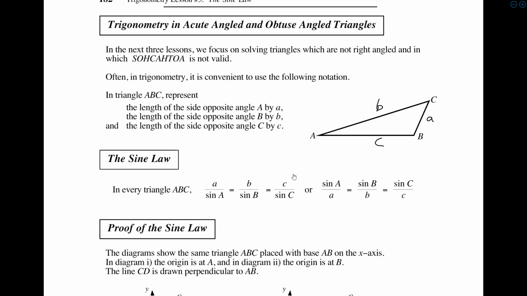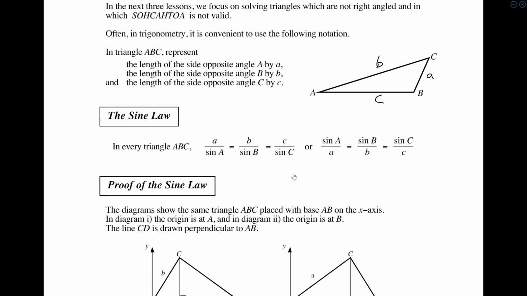But today we're going to talk about something called sine law. This is directly a relationship between the length of a side and the sine of the angle. The sine law says that the side length over the sine of the angle is equal to the other side length over the sine of its angle, and you can use this for any 2 of the 3 pairs.